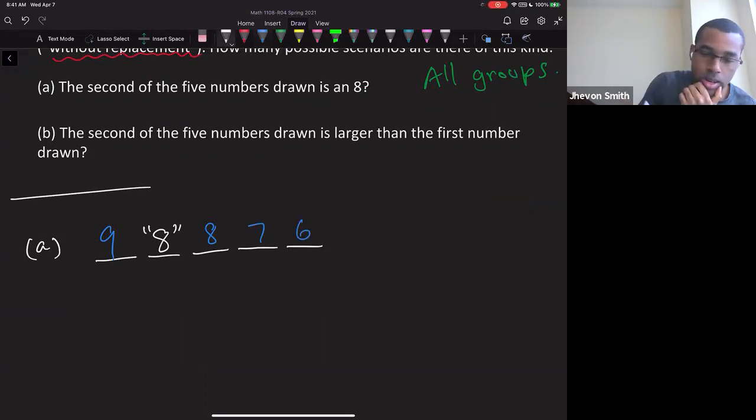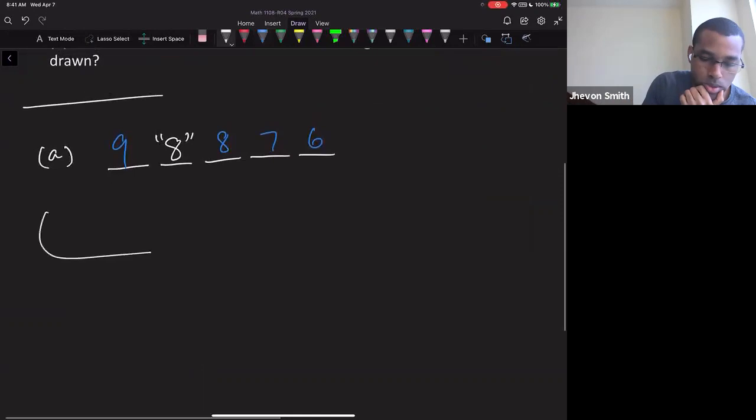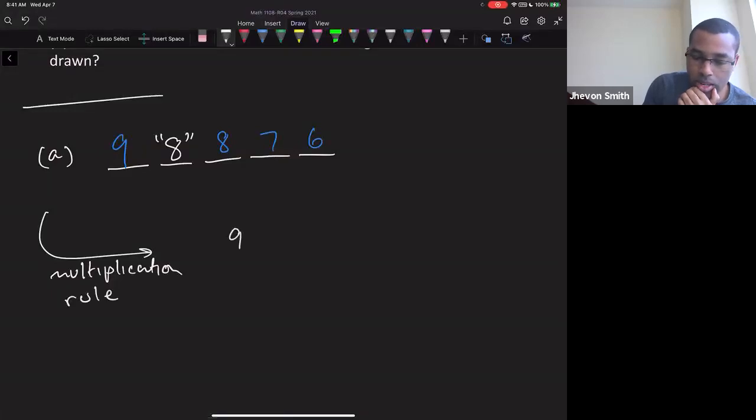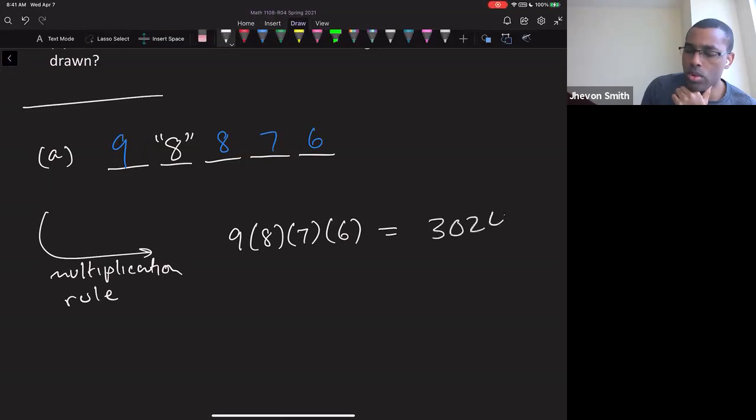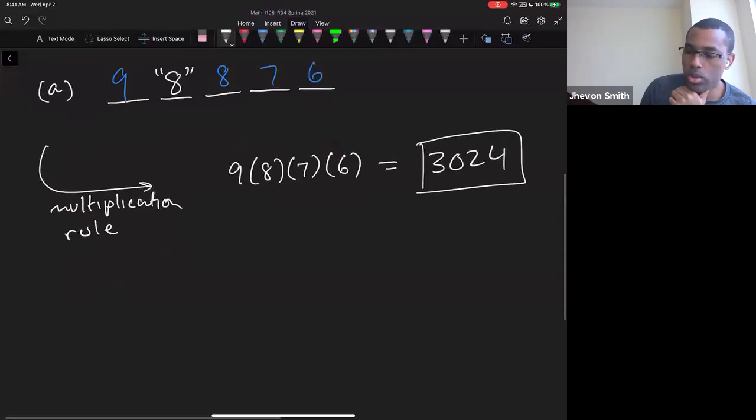So turns out by the multiplication rule, we have 9 times 8 times 7 times 6 equals, I believe that's 3024 total choices.